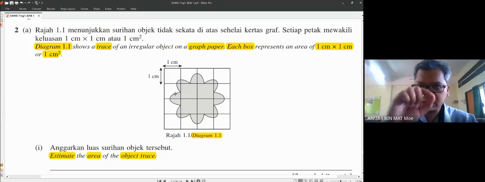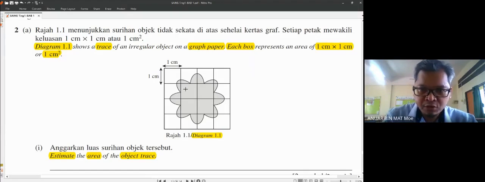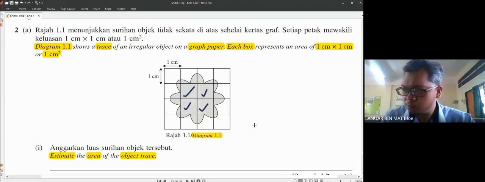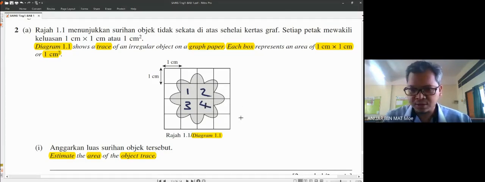So either you tick the boxes where the object is traced, or you write numbers. For example, you can tick 1, 2, 3, and 4, or write number 1, 2, 3, and 4, easier for you to remember. So what is the answer here?